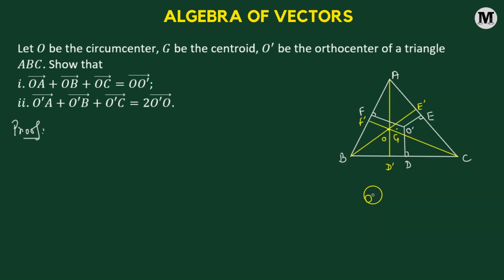Now, I'm going to leave this as an exercise. If we consider the orthocenter and the circumcenter, then the centroid always divides the orthocenter and the circumcenter of a triangle in the ratio 2:1. So this is very important. This is going to help us solve this particular problem. This is one fact that we need to remember.